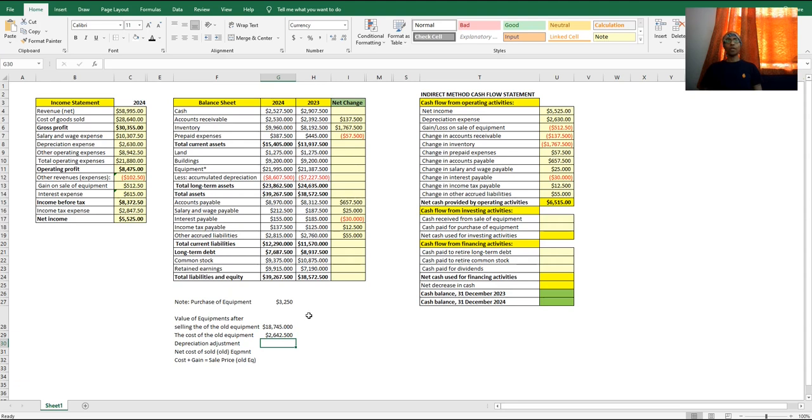To find out the depreciation adjustment, we have to do more calculations. First thing we have to find out is the change in accumulated depreciation. Change in accumulated depreciation. This is equal to 1380. Now this value, if you adjust it from the depreciation expense for the period, what you are left with is basically the depreciation adjustment from the old equipment.